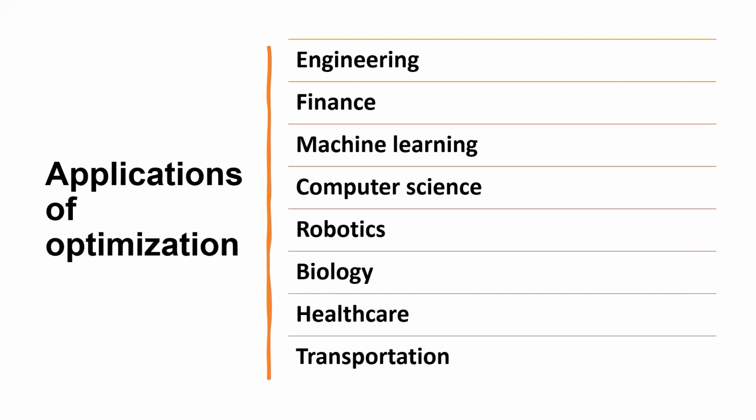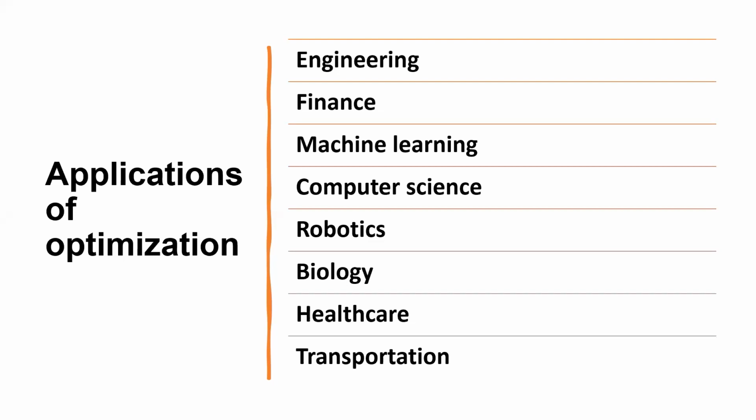Then in computer science, to solve problems in computer graphics and computer vision, a lot of pose estimation, traffic estimation, and everything is all a part of optimization. Robotics, control the motion of robots and to design robot systems, controllers, and so on.